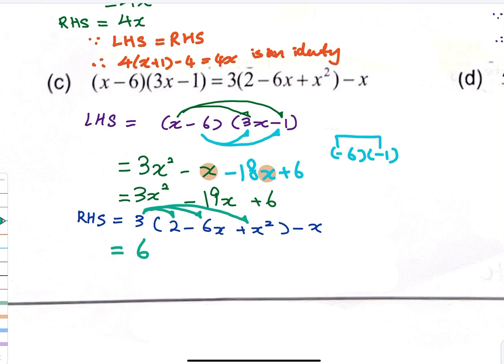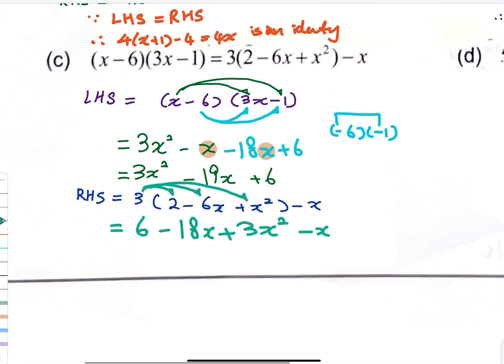So numbers first. 3 times negative 6, negative 18 and then x there. And then 3 times x squared, so 3x squared. Don't forget the negative x outside. Alright, and then any like terms? Yes, these both. So copy it down. You have 6. Negative 18 minus 1, negative 19.